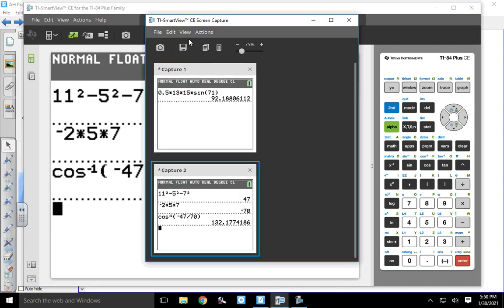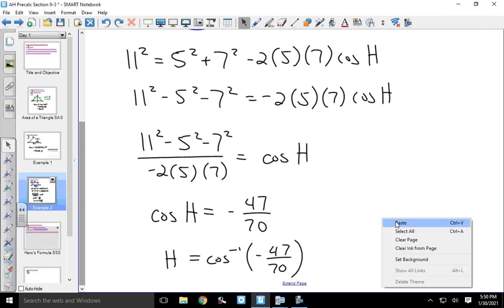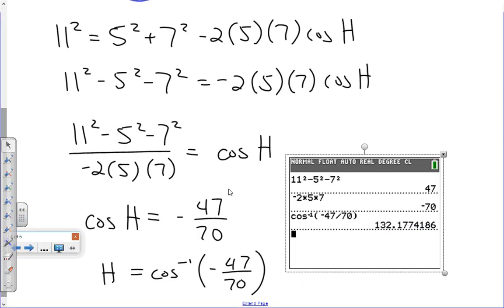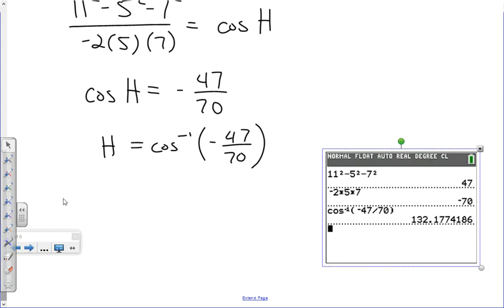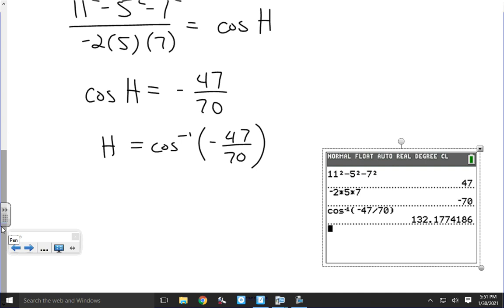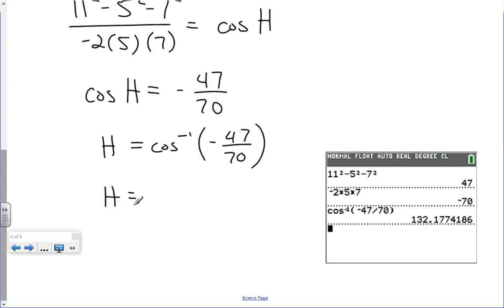I'll take a picture of that and put that over here in our work. So we end up with h is equal to 132.177. It looks like we've already done quite a bit of work, but we haven't even done the work that they asked us for, right?